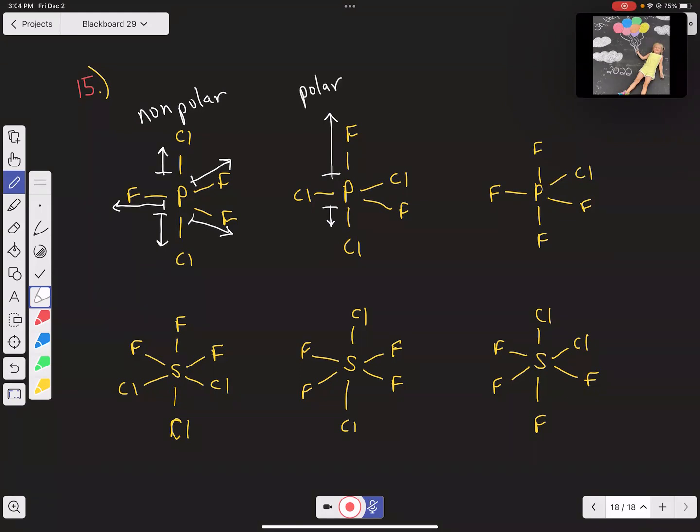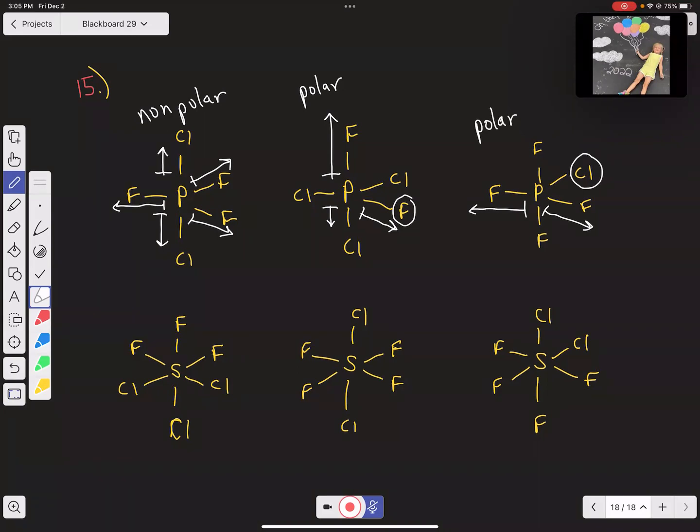We would see the same thing here as well. The fluorine equator is also going to be stronger than the chlorine. So there's a lack of symmetry that makes the molecule polar. When we go to the next case, we're going to have the same issue where I've got 1 chlorine on that molecule. So it's going to be overpowered by the 2 equatorial fluorines.